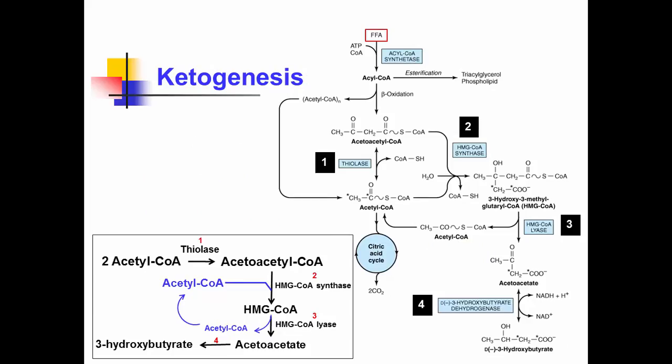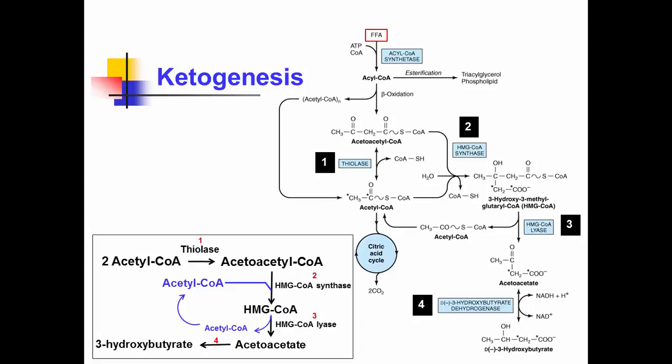So, ketogenesis. Let's start with acyl-CoA from fatty acid oxidation. Acyl-CoA can be oxidized by the beta oxidation process, right?